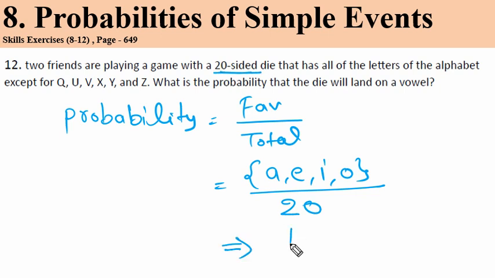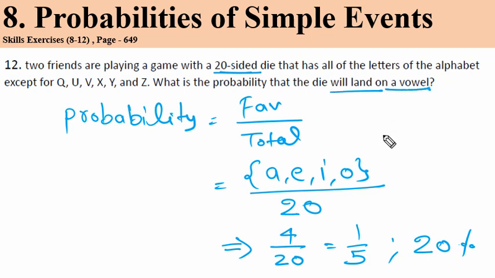So this is 4 over 20, and that will give you 1 over 5. In percentage, that will be 20%. So your probability to land on a vowel is 20%. You can write that as a sentence. The probability to land on a vowel is 20%. That's it for this video. I hope you understand, and see you in the next video.